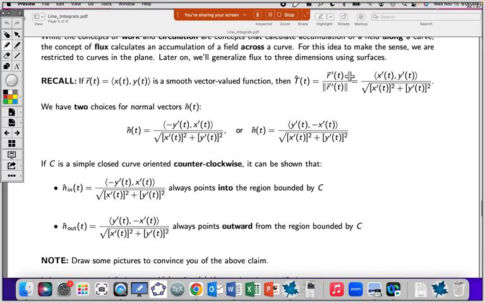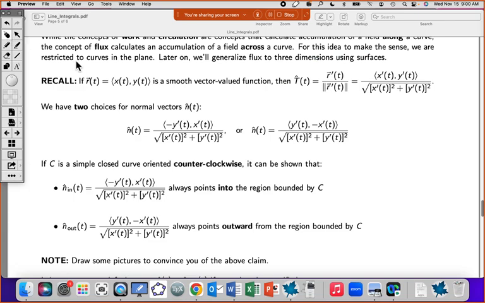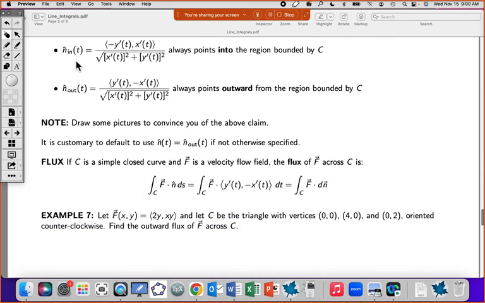Once again, taking it back to r and dividing out that magnitude, notice that when we normalize things, the magnitude of these normal vectors is the same as the magnitude of the tangent vector. So we get the same cancellation we had before.